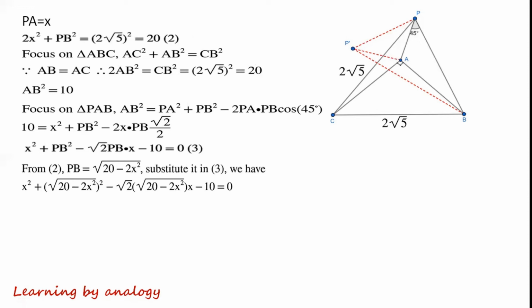We then have x squared plus (root of 20 minus 2x squared) all squared minus √2 times root of 20 minus 2x squared times x minus 10 equals 0.